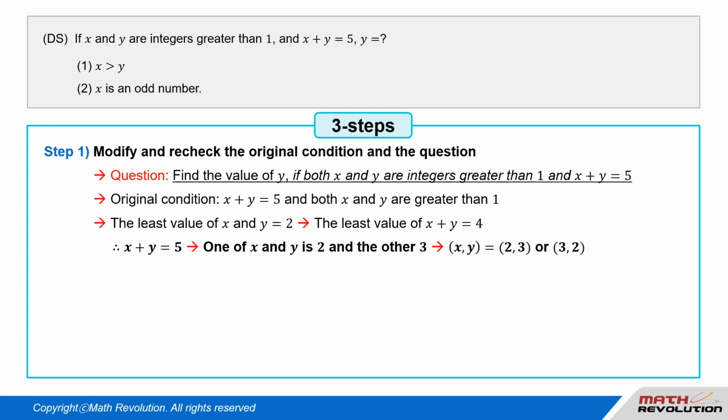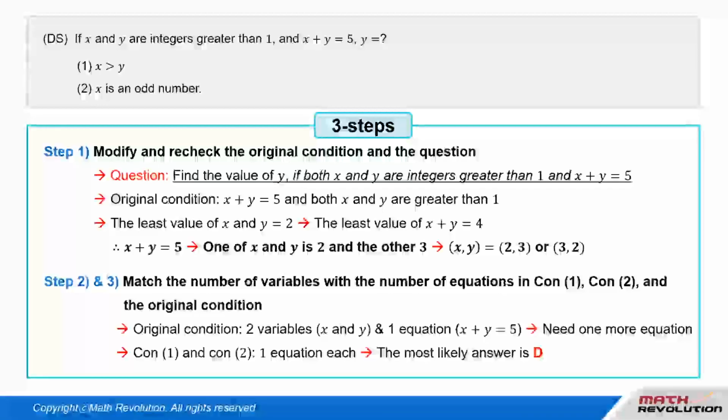So, x plus y equals 5 means that one of x and y is 2, and the other is 3. x, y equals 2, 3, or 3, 2. If we know the value of any one of the two, we can answer the question.